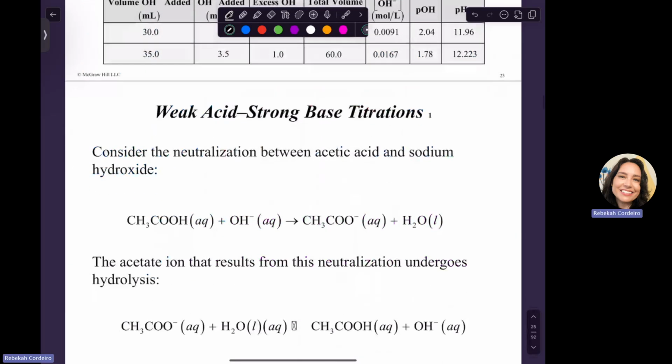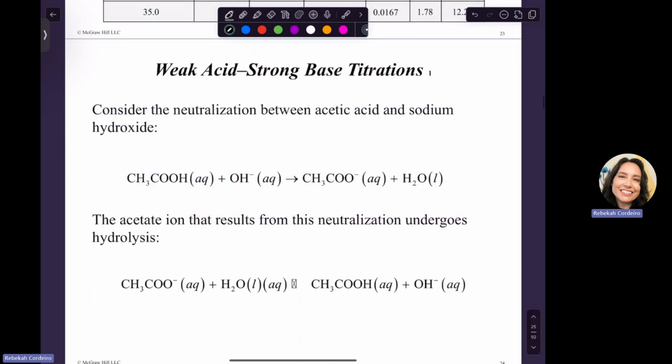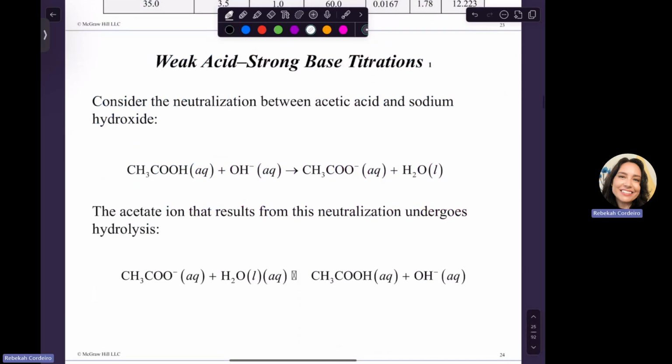However, when we have a weak acid, strong base titration, let's think about what we have here. Weak acid plus strong base, we know, makes the conjugate base and water. So if I were to put this with sodium hydroxide, for example, let me just write it out like this.